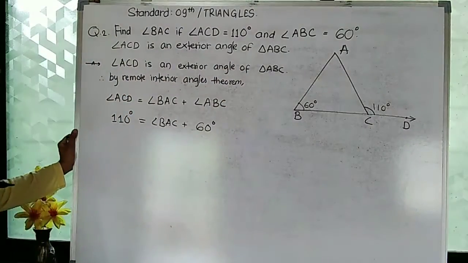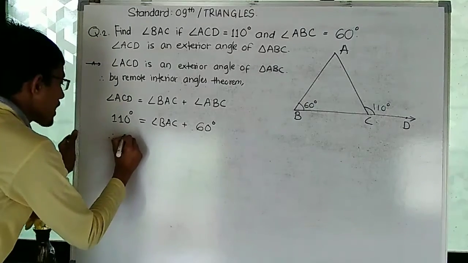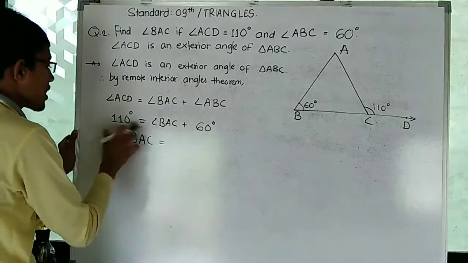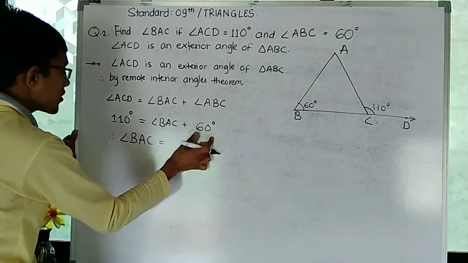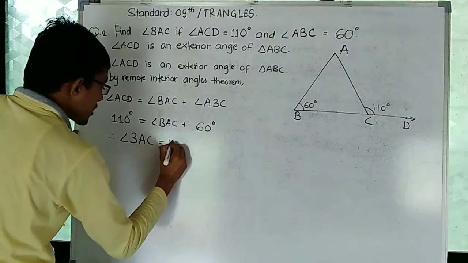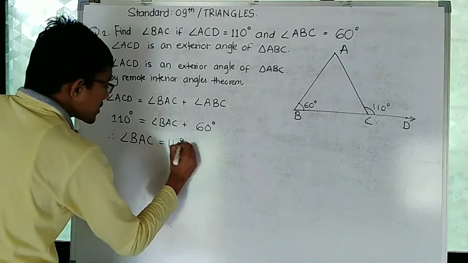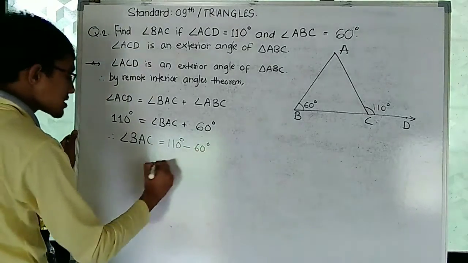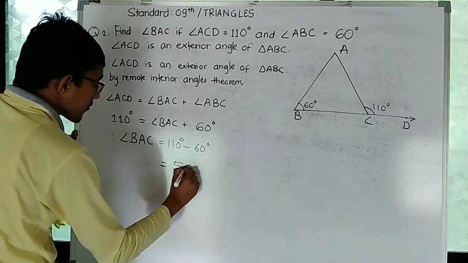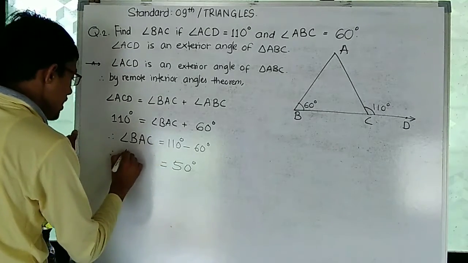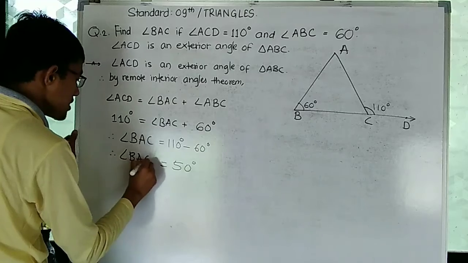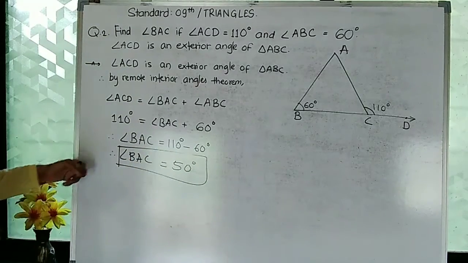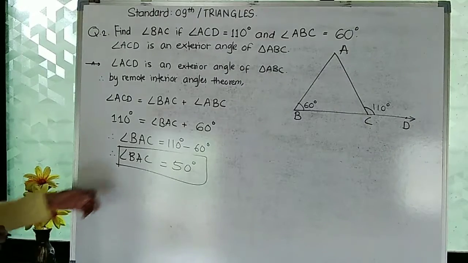So angle BAC is equal to, 60 degrees will be shifted to the LHS, 110 degrees minus 60 degrees. So 110 minus 60 is nothing but 50 degrees. So we get angle BAC equal to 50 degrees. Okay, and in this way we have found the required answer.